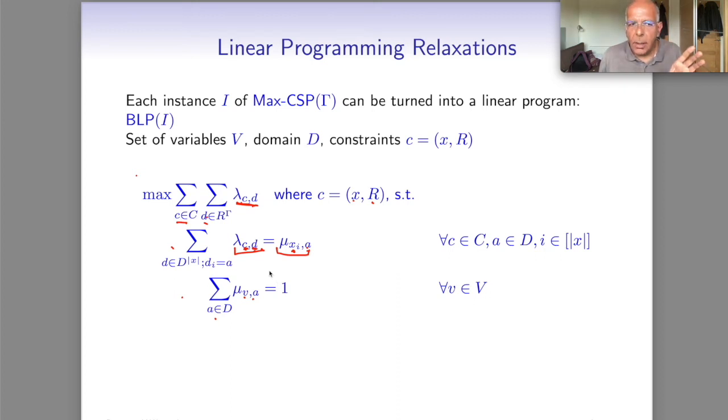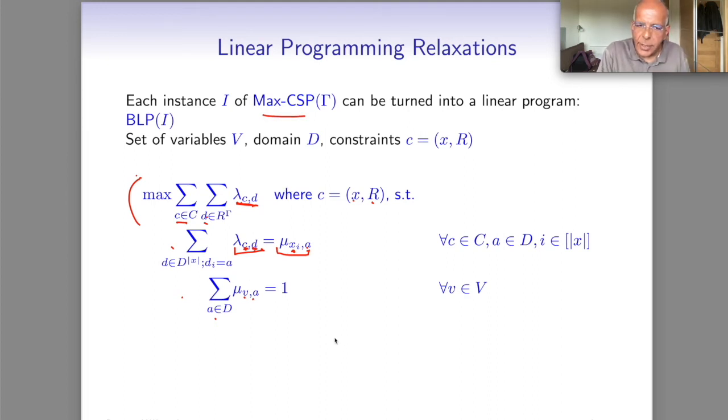Now, this really defines a linear program whose 0-1 solutions correspond exactly to assignments of values in the domain D to the variables, and maximizing this over all 0-1 solutions would give you exactly the value of Max CSP.